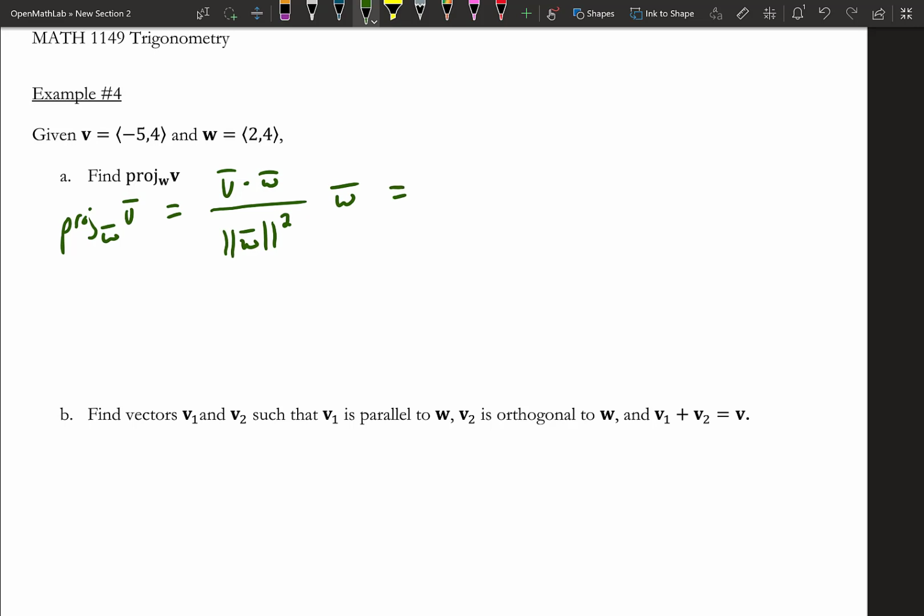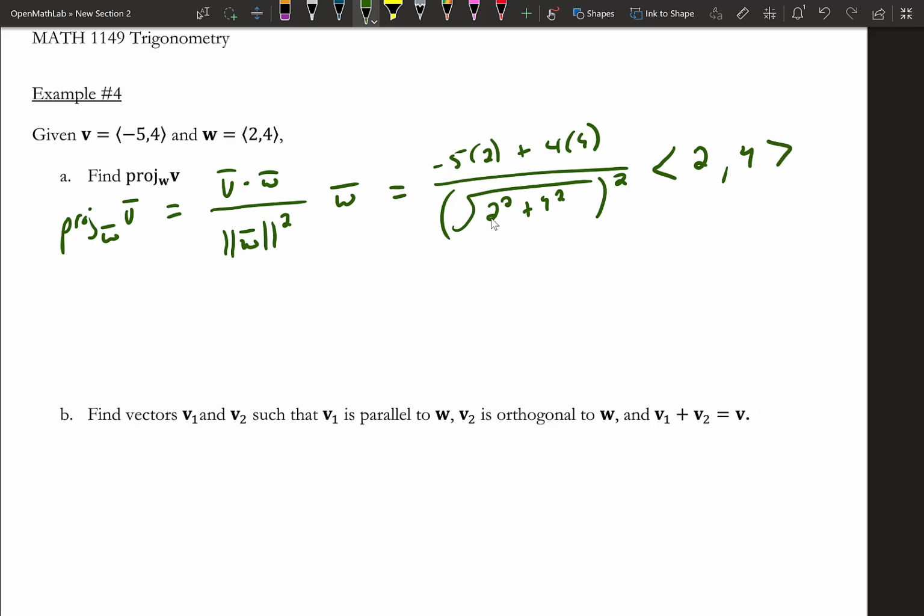So this would be equal to -5 times 2 plus 4 times 4 all over the square root of 2 squared plus 4 squared, all this squared, times vector w, which is 2, 4. So this would be equal to -10 plus 16 all over, so this square just gets rid of the square root, right? So we'd have 2 squared plus 4 squared, which is 4 plus 16, which is 20, times vector w, so 2, 4.